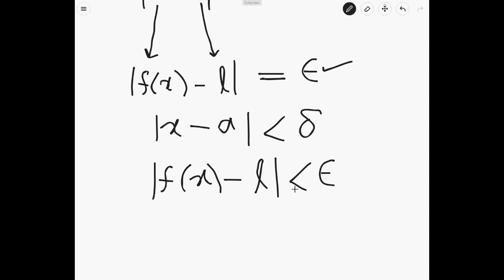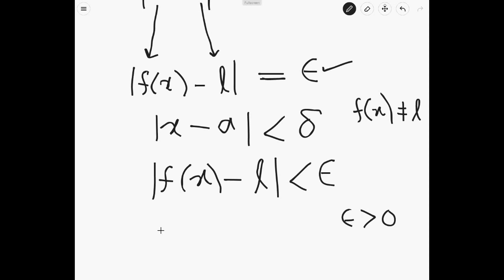It cannot be less than 0, that means it cannot be negative, and f of x cannot be equal to L, because you are approaching very close to L, not equal to L. Therefore this difference cannot be equal to 0, and this epsilon is always greater than 0. However small it may be, it must be greater than 0.